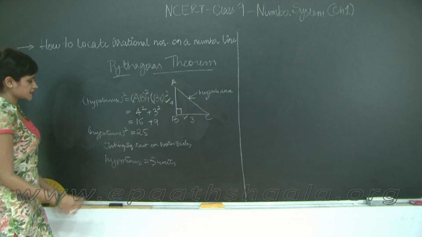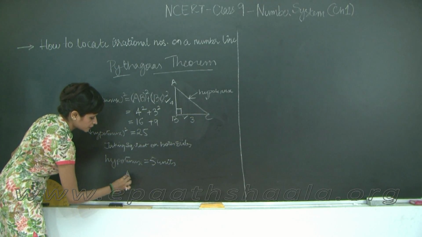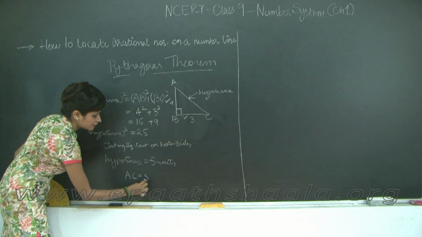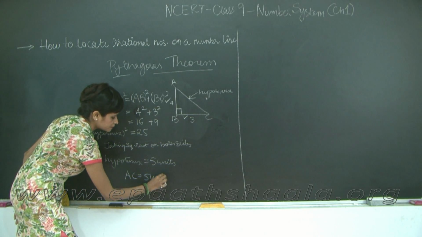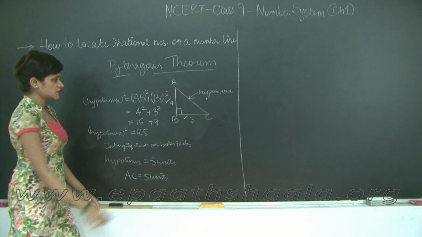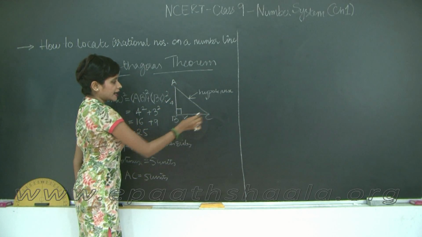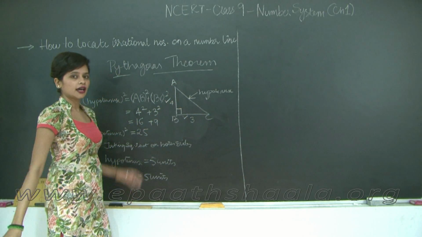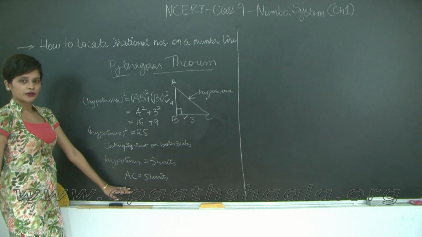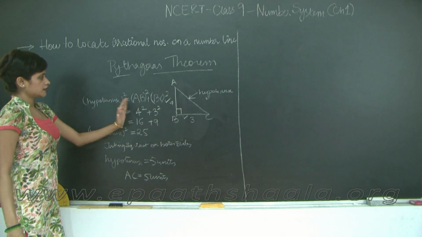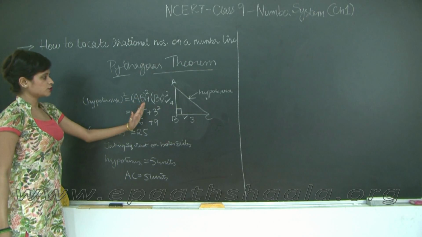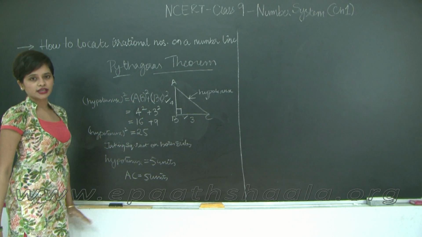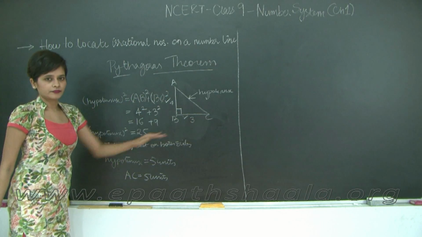Now hypotenuse is nothing but AC. So AC is 5 units. Right? So we saw how to find the side opposite the right angle using the Pythagoras theorem, okay, which is nothing but hypotenuse square is equal to the sum of square of both the other sides, okay.